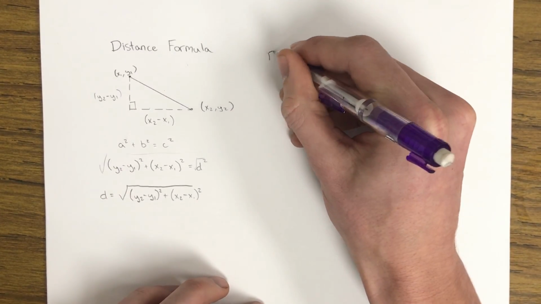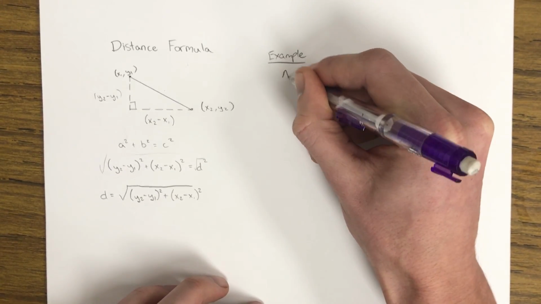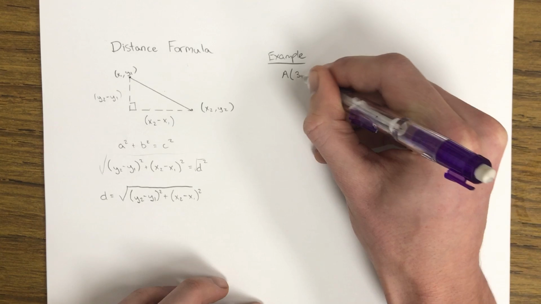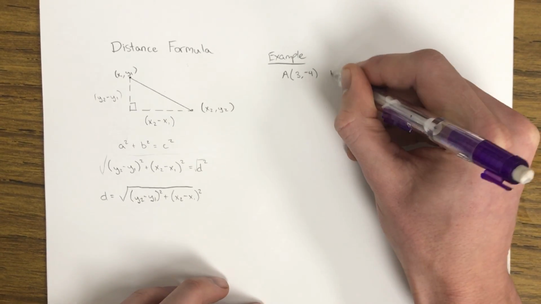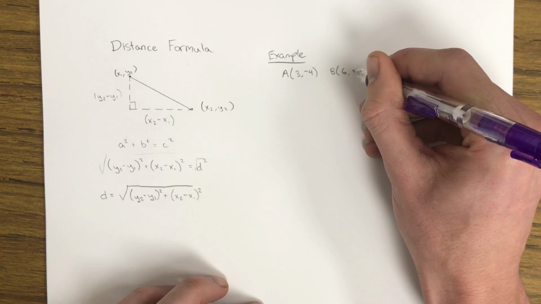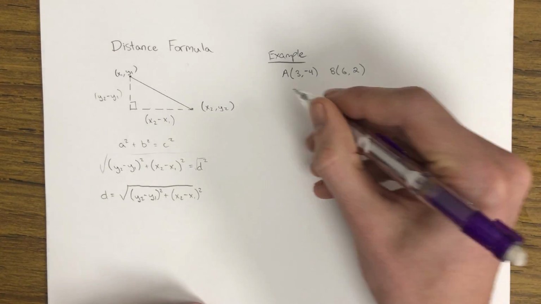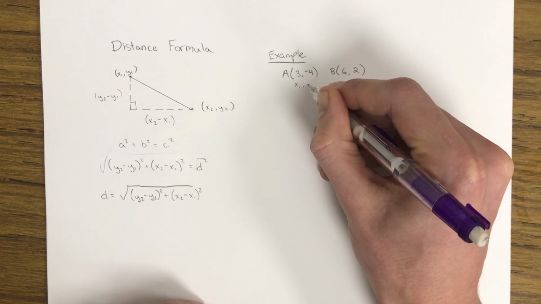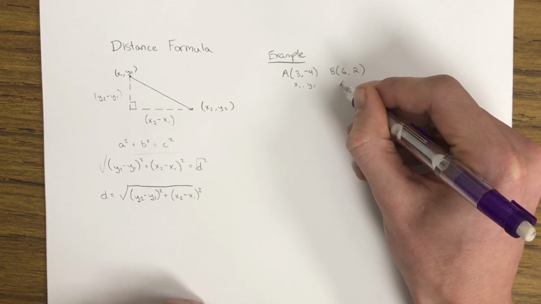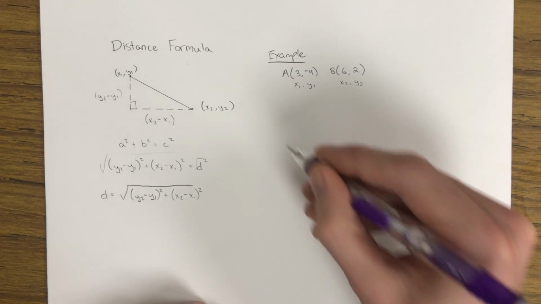So then what does this look like in a question? Let's say, example: A is 3, negative 4, and B is 6, 2. What is the distance between those points? So we've got x1 and y1, x2, y2, and we're going to fill those into our formula.